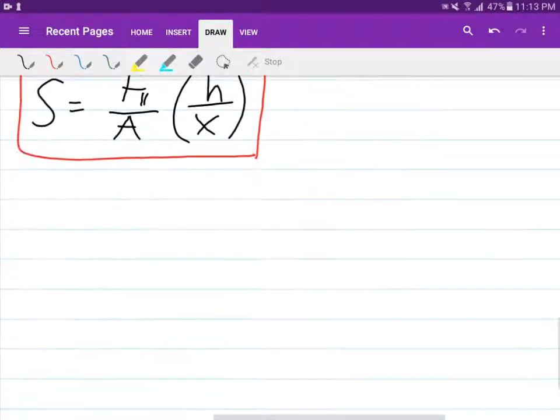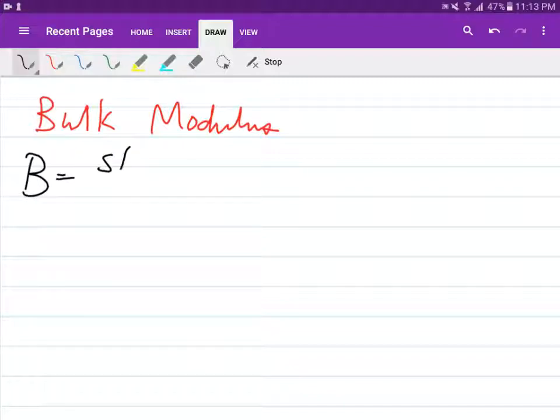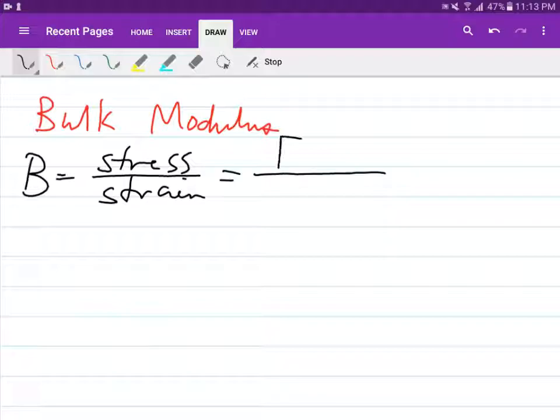Last, we have the bulk modulus. For the bulk modulus, this is also defined as stress over strain. But our stress is the whole force applied over the whole area, so you can also think of this as pressure.